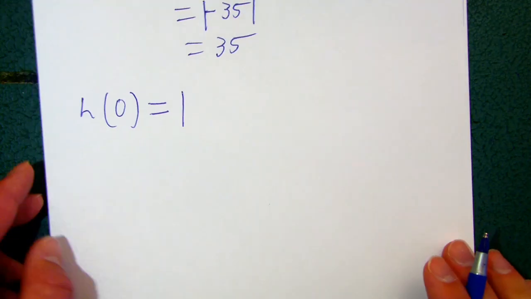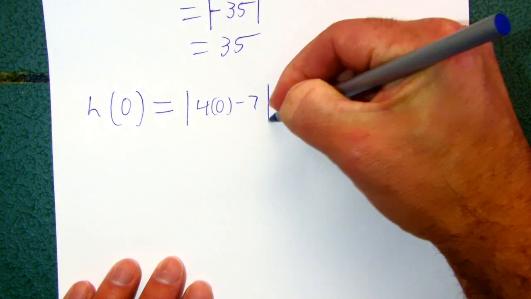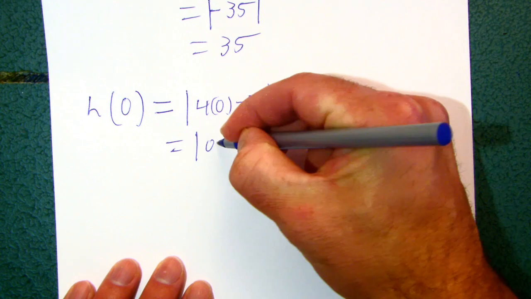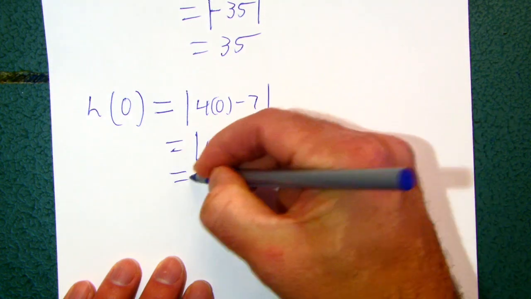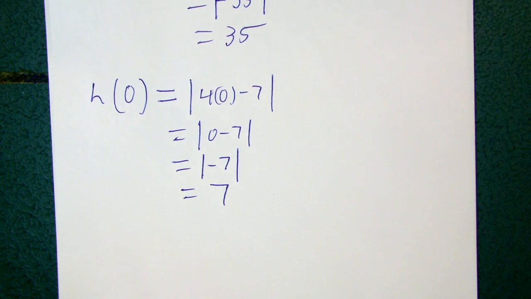So next up, h of 0. So we got 4 times 0 minus 7. So that's going to be the absolute value of 0 minus 7. So absolute value of negative 7 is 7.